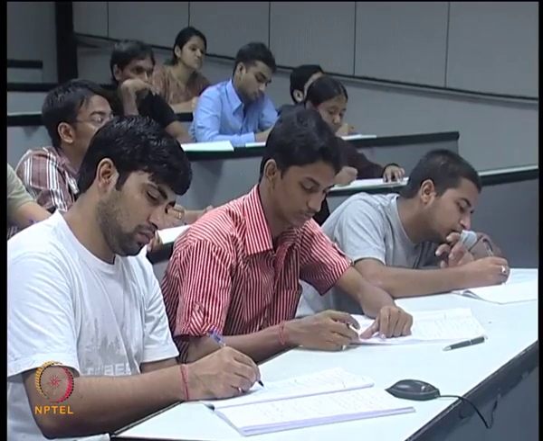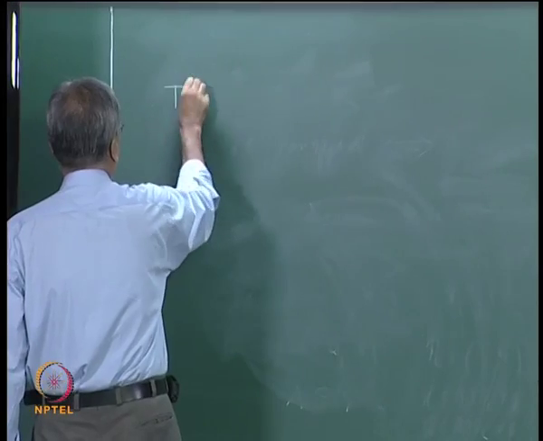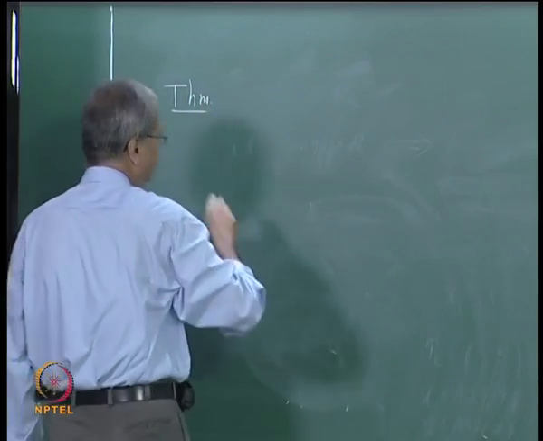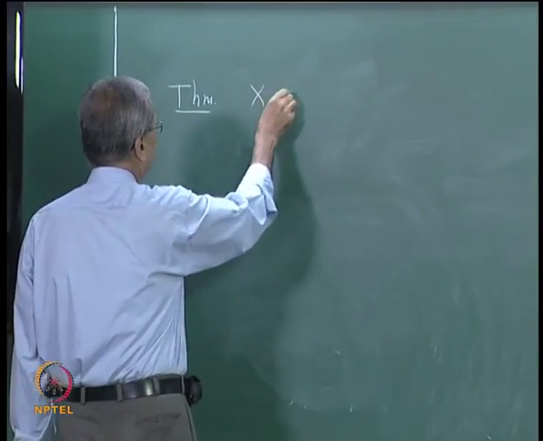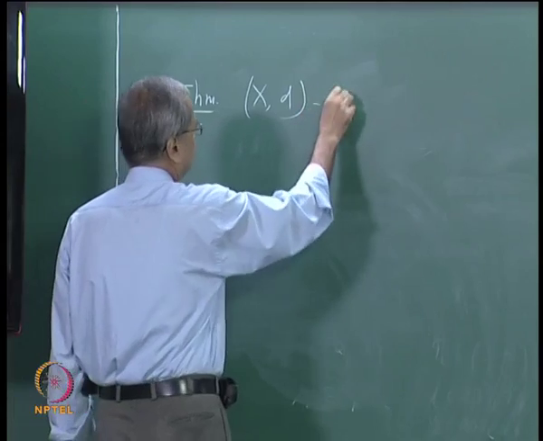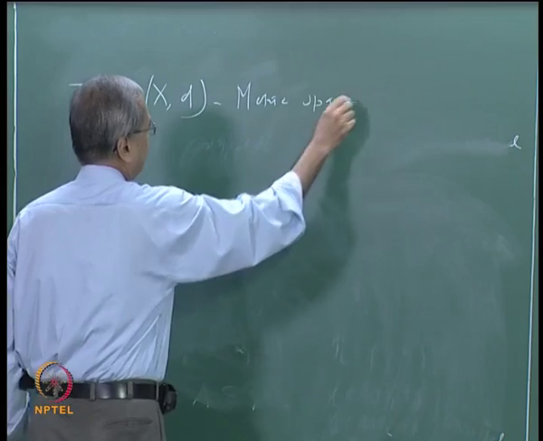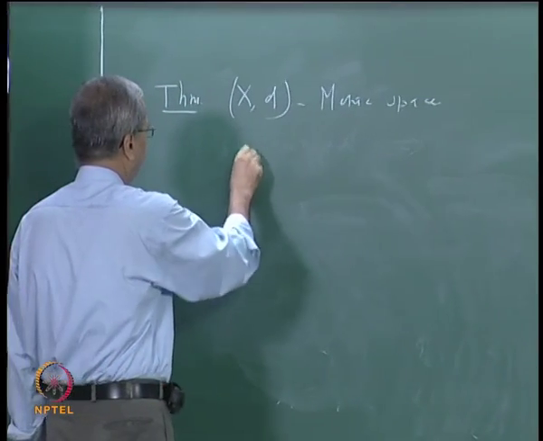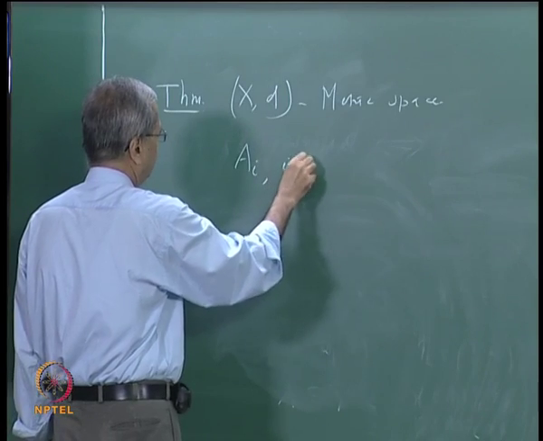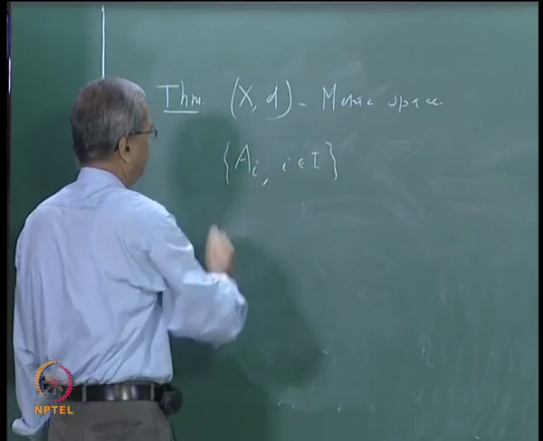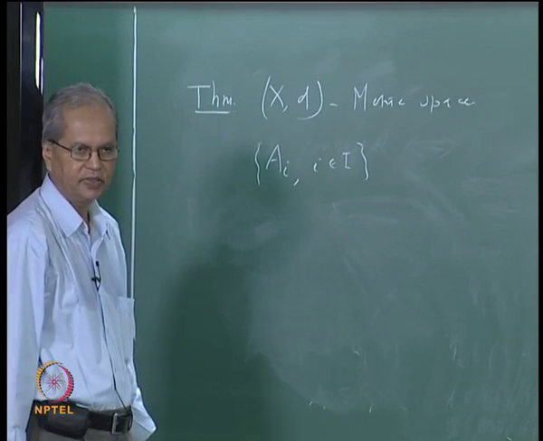Then let us proceed to the other theorem which I had mentioned yesterday. It is about the union of connected sets. Suppose X, d is a metric space, and let us say we have taken a family of connected sets A_i, i belonging to big I, which is an indexing set.